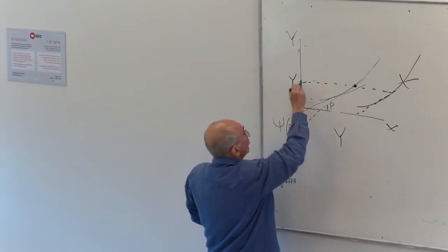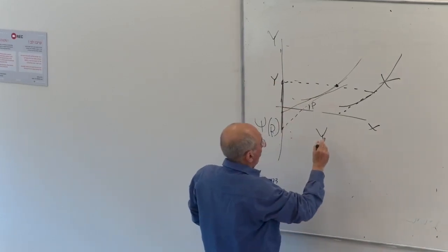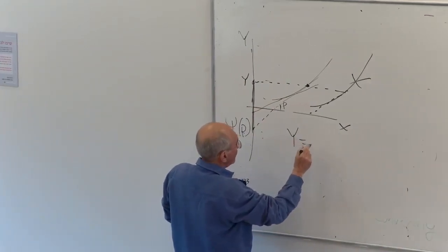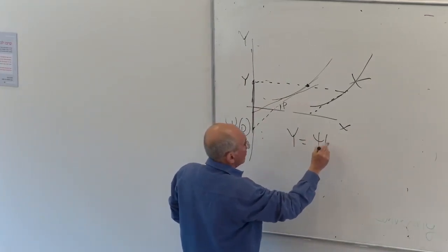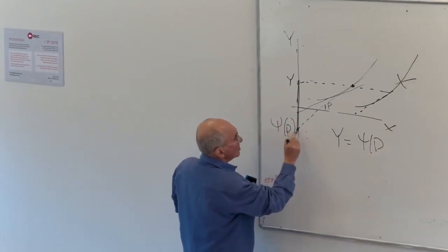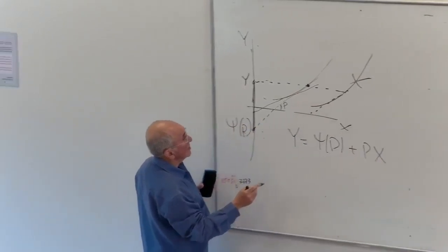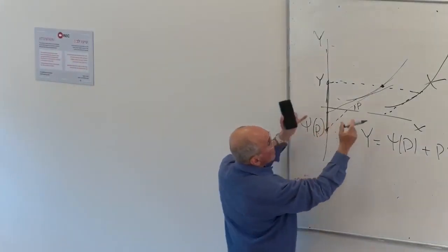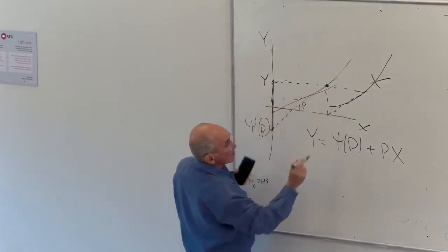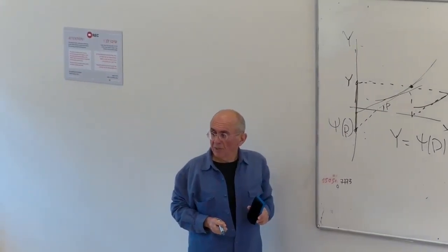It consists of psi of p, this position, plus p times x. This is p, my slope. This is x, my position. Okay?